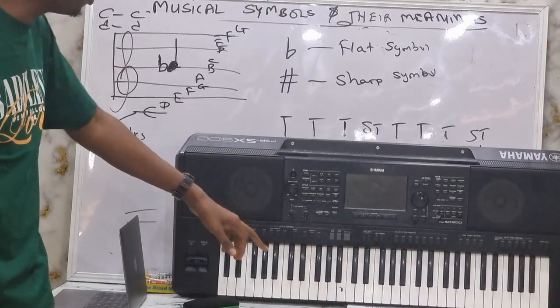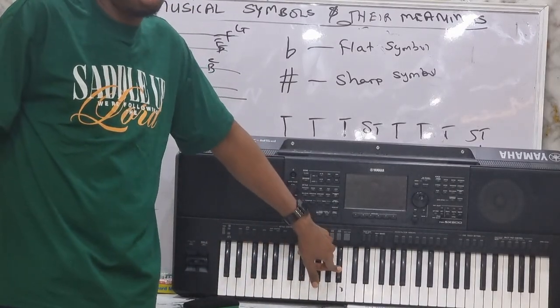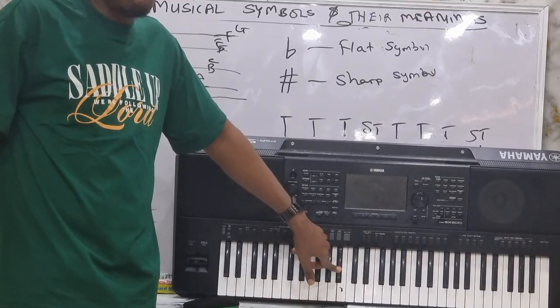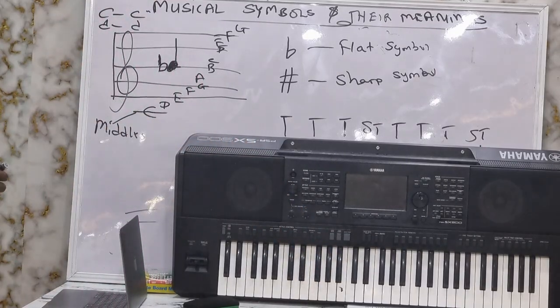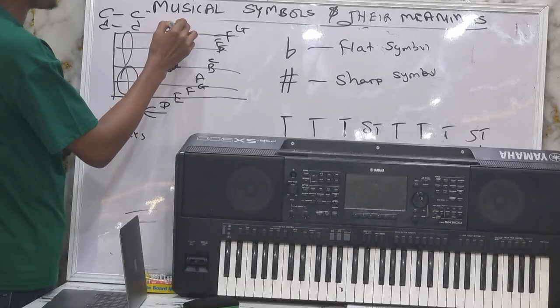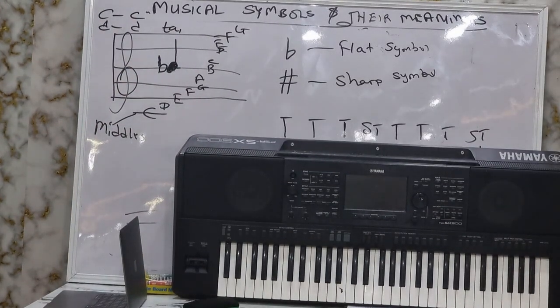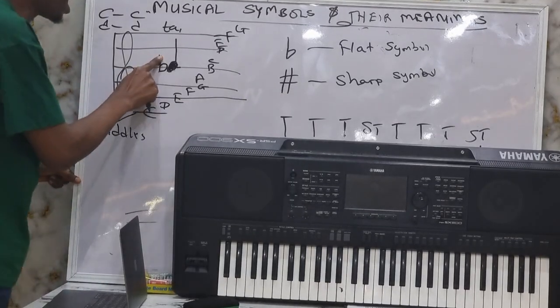That is why, on the key of C, this now becomes your ta. Do you understand? Yes. So if you have to sing here now, here becomes your what? Is that clear?